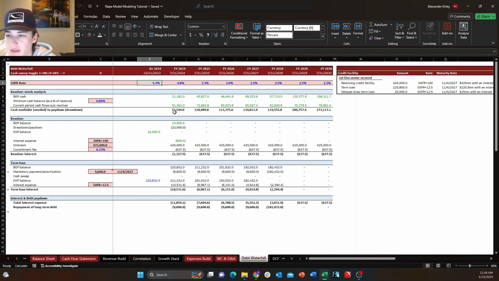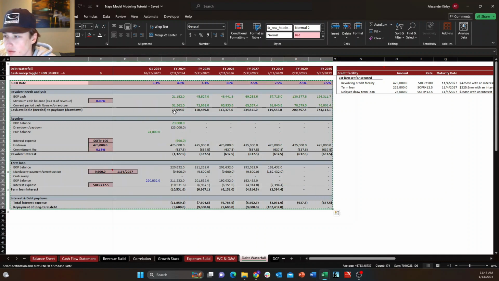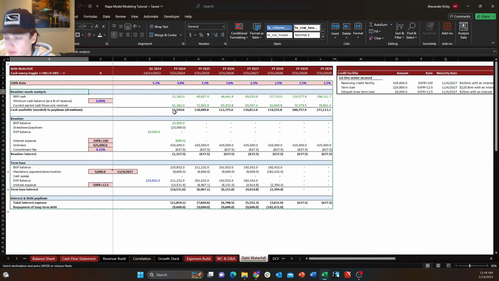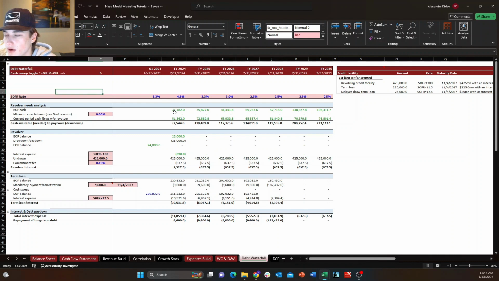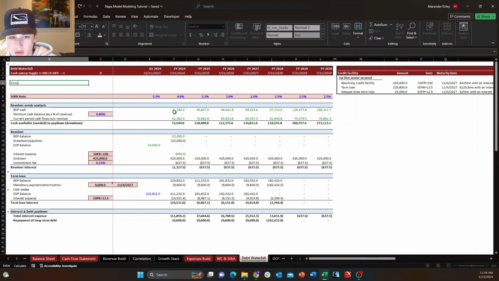A circuit breaker basically sets our interest to 0, which gives us the opportunity to reset the entire model and undo this circular reference. So I'm going to take all of this and bring it down to here. I'll do one more. And then I'm going to have what we're going to refer to as a circuit breaker.